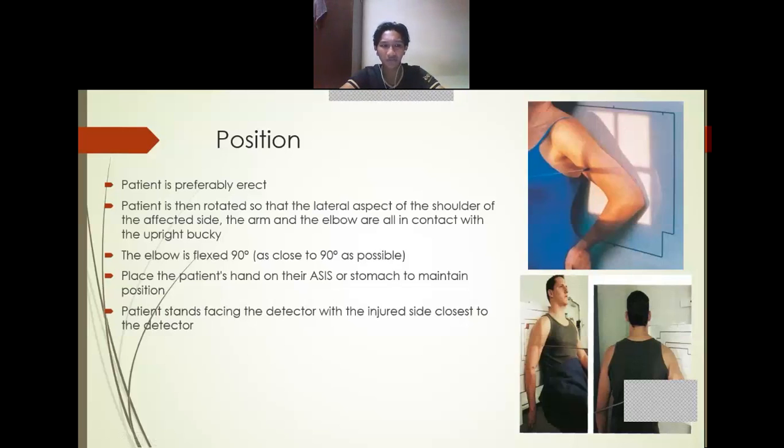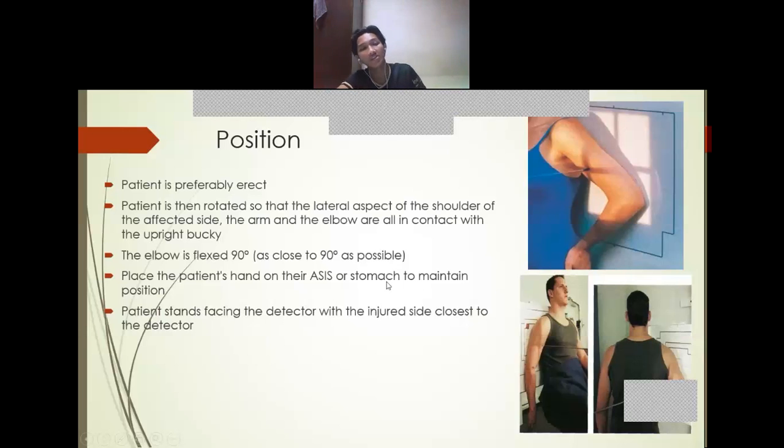This should be done as best as possible by the radiographer to get the best position for the patient. The patient also stands facing the detector with the injured side closest to the detector. That's all for position. Then we go to the second slide.